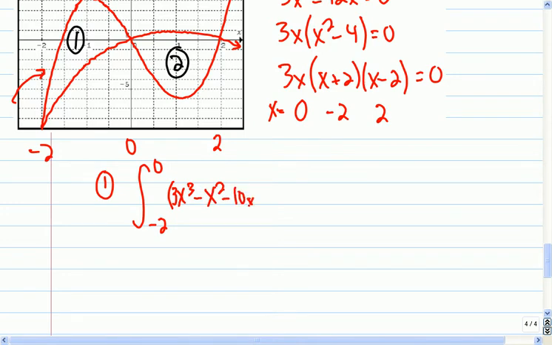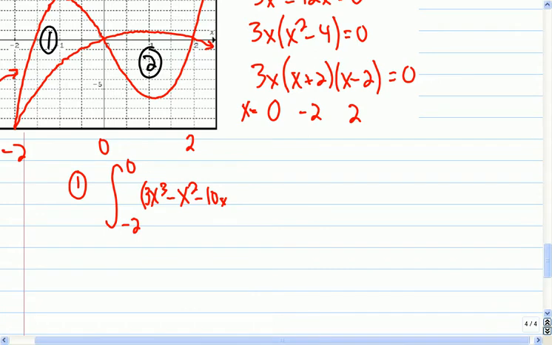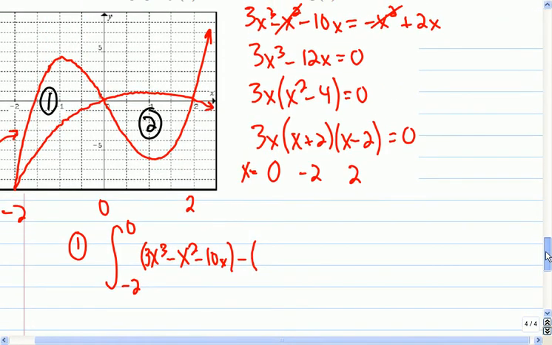Folks, don't you go to sleep. There we go. Technical difficulties. And we subtract the parabola, which was negative x squared plus 2x.